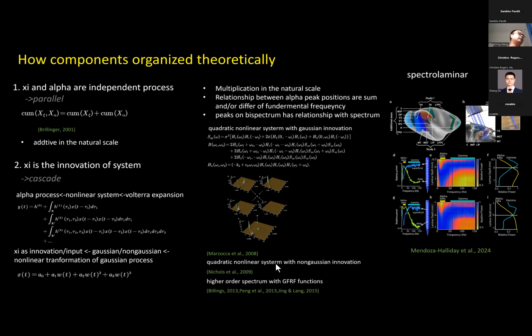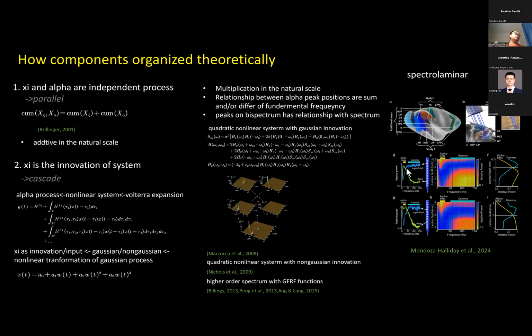Here is another reference for a system with a non-Gaussian innovation, and even more generally, you can build the model with a generalized frequency response function. It's more complicated, and up to now we don't have enough information on which choice is correct.